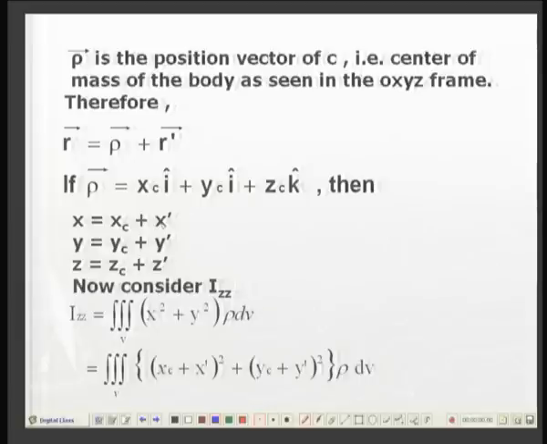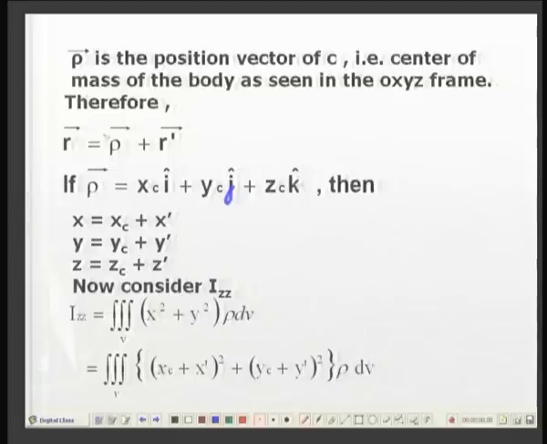Now, this rho vector, in the coordinate system at O, that is the new coordinate system with unit vectors i, j and k, the position vector of the center of mass is xc i plus yc j plus zc k. So, the coordinates of the center of mass in the new coordinate system are xc, yc, zc.